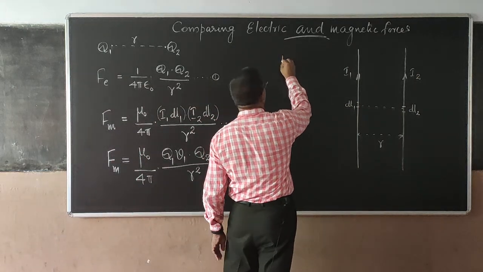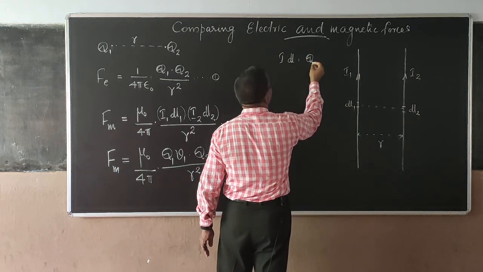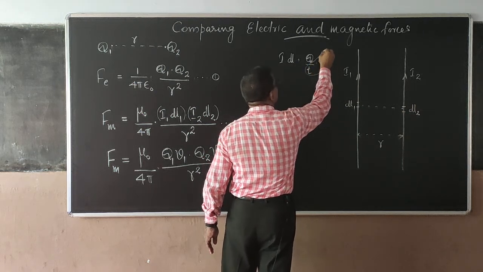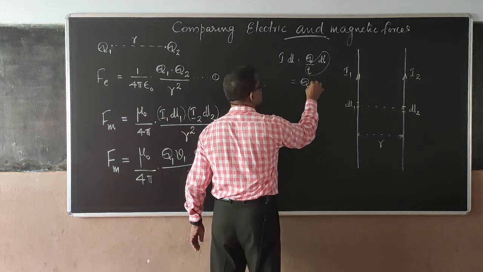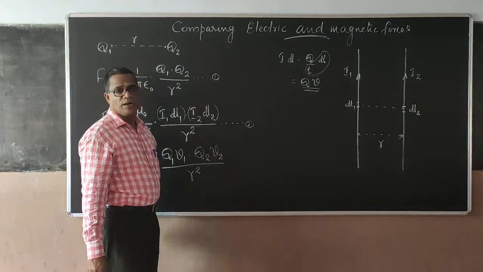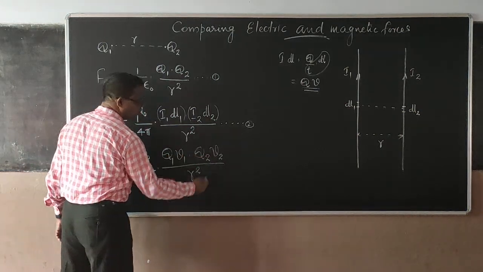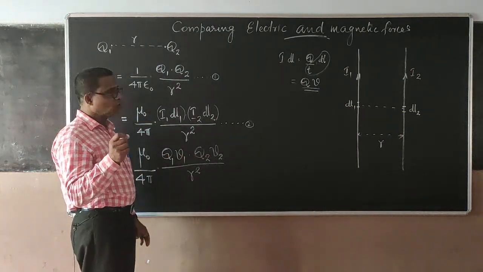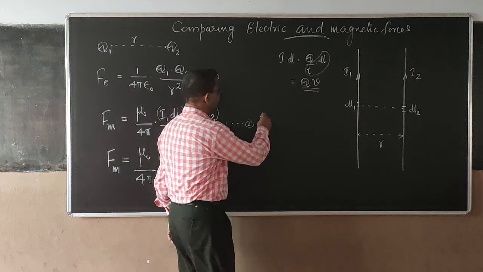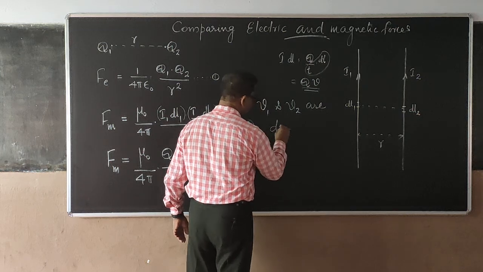This is because I into dl will be equal to Q by T into dl, and I can take dl by T like this, which gives Q into the velocity of motion of the charged particle through the conductor. Here V1 and V2 are nothing but the drift velocities of the charge carriers in the conductors.